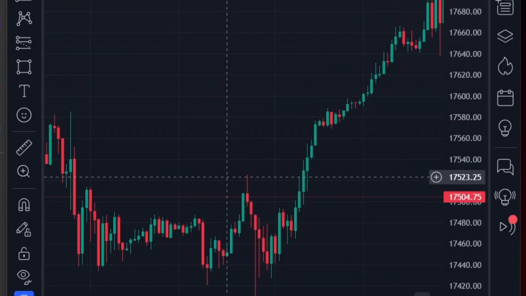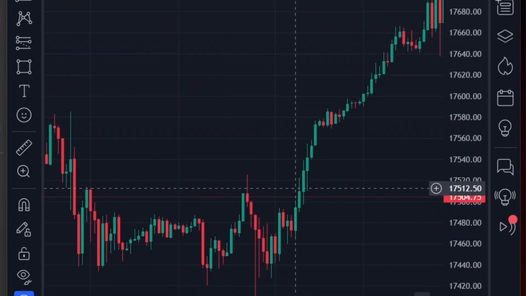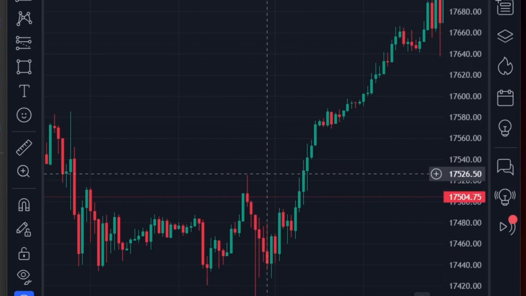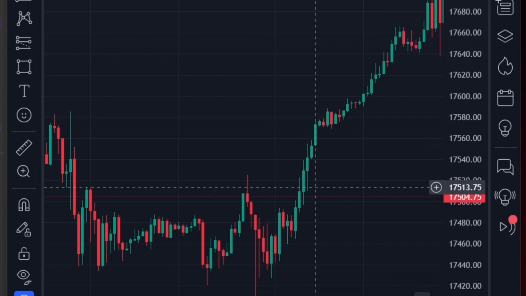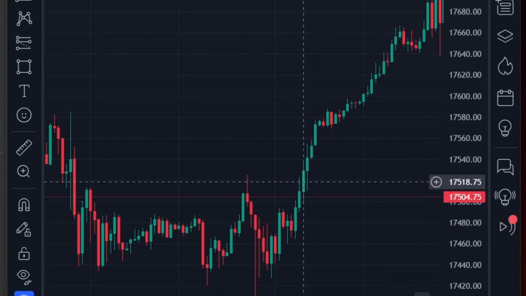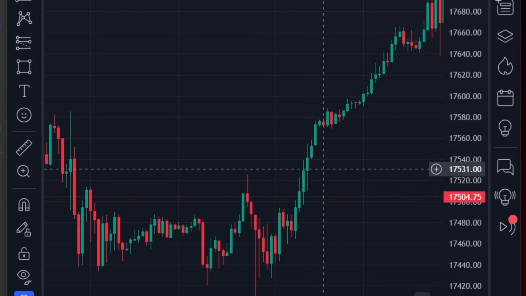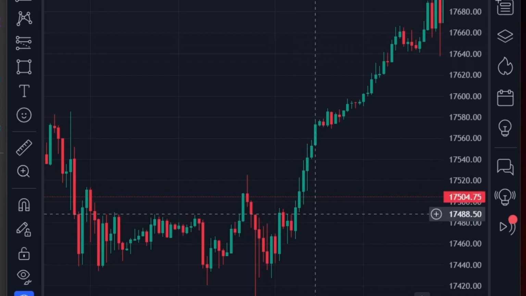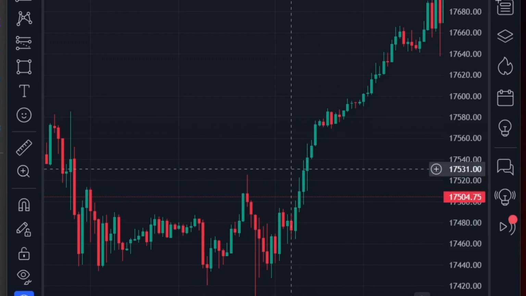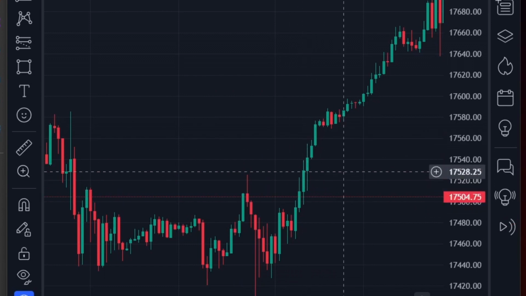You do not want to see, after the market goes into the high level, no sign of it being willing to go lower, and the candle closes above this level and shows no retracement back into the zone. So that's where you don't want to be taking an entry for a short.